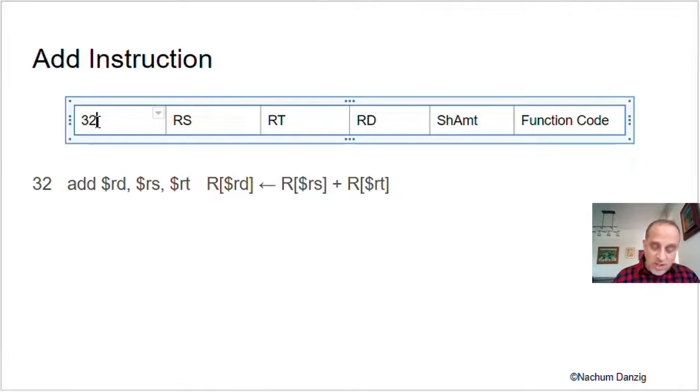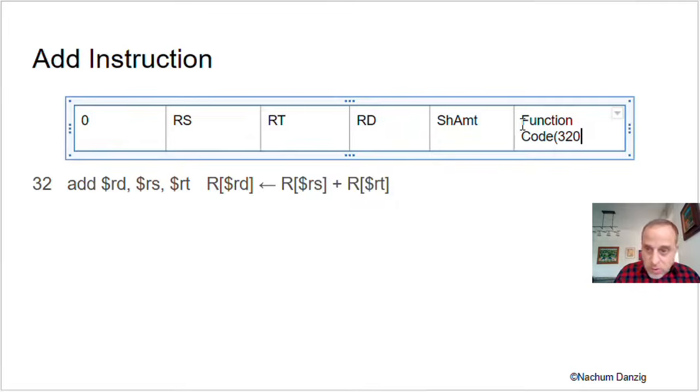Remember, all R types have opcode 0, and the function code should be 32. So let's maybe put it in parentheses. I should really write opcode, and it's a 0, and the function code is 32.